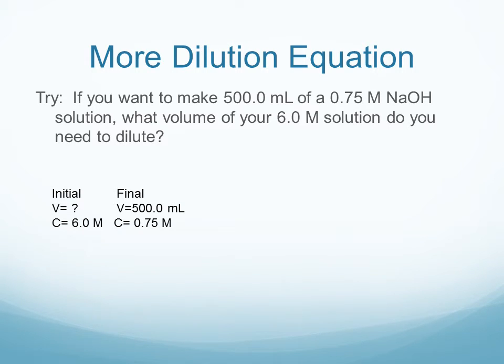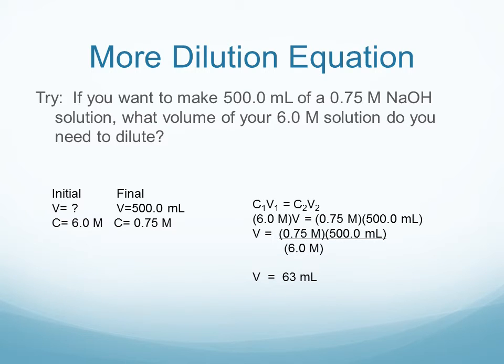So here are our conditions. Our final conditions, we want 500 milliliters of a 0.75 molar solution. And our initial conditions, we don't know the volume, but we know that it is 6.0 molar. So if we put these values into the equation and solve for our volume, the concentrations will cancel, 0.75 molar and 6 molar cancel, and then our answer will be in milliliters.